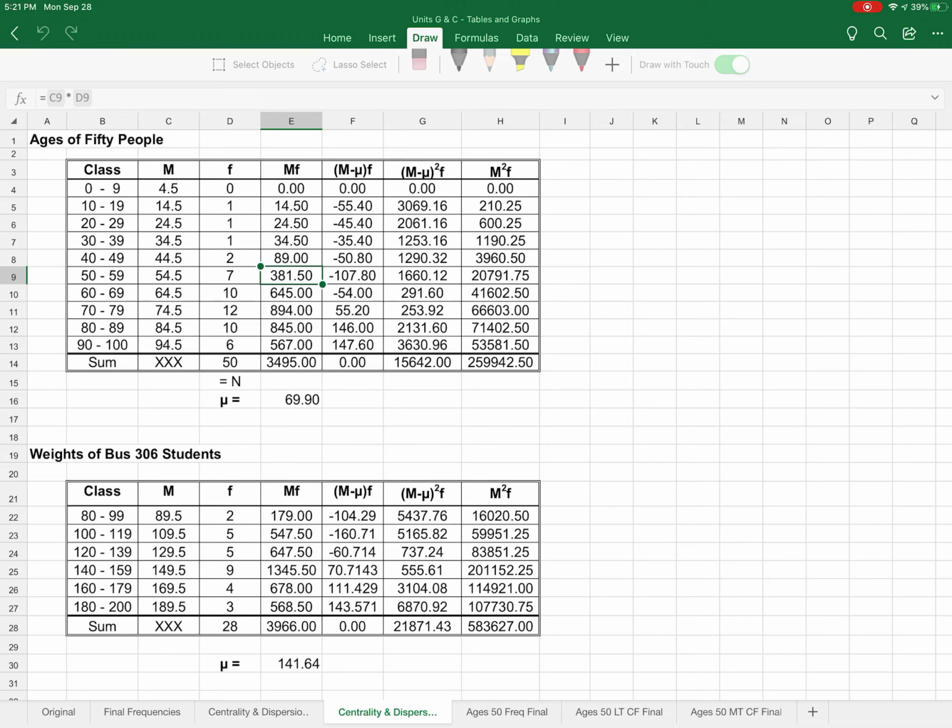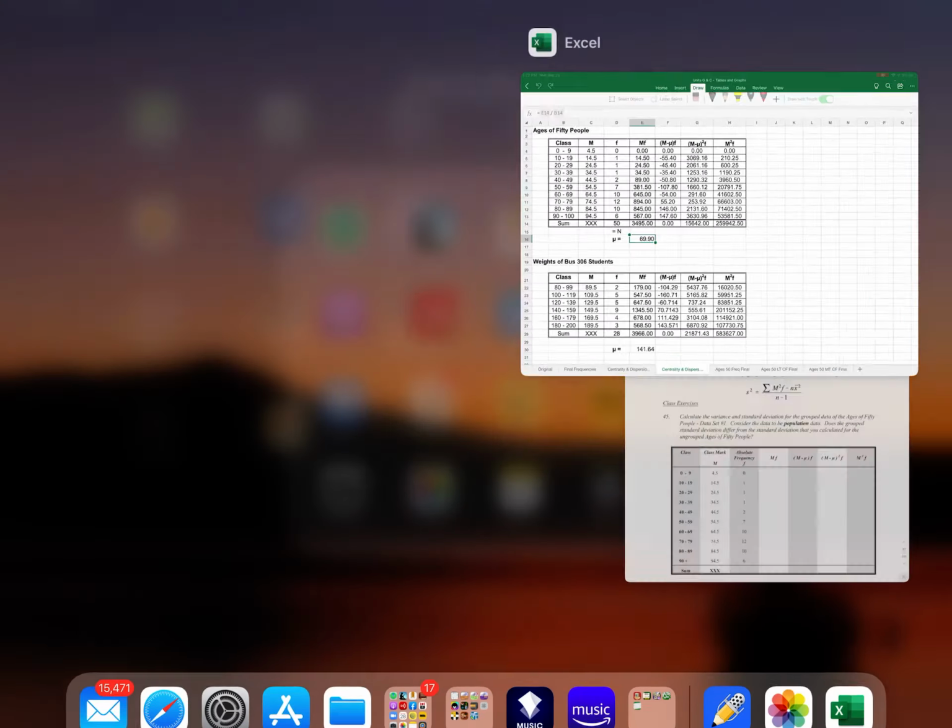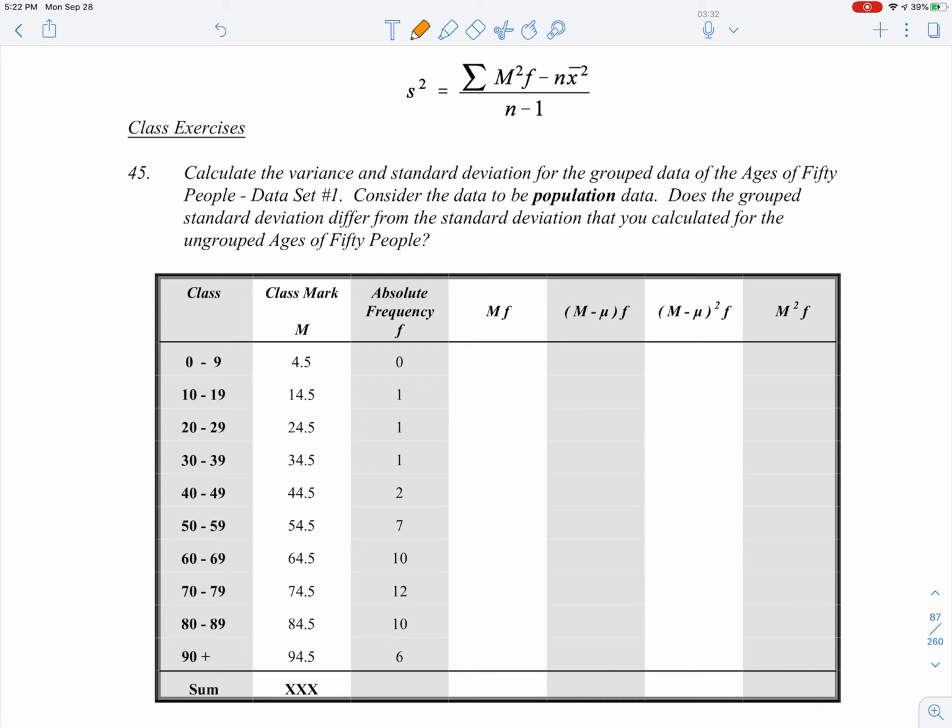So I'm dealing with the original ages of 50 people, the data that we've been using right through units G and C. And we add all of those up and we end up with 3495. We divide that through by 50, and we get 69.9. So that's what we've got there. Now, by the way, we saw that back on, I think it was about page C7. So let's just go back there. Page C7, which is, where would I find that?